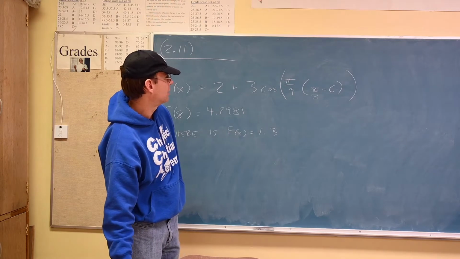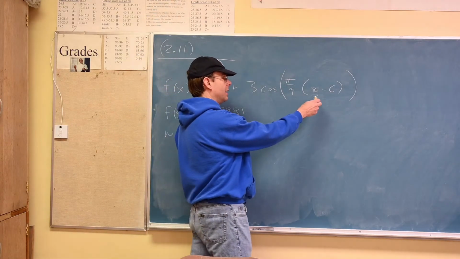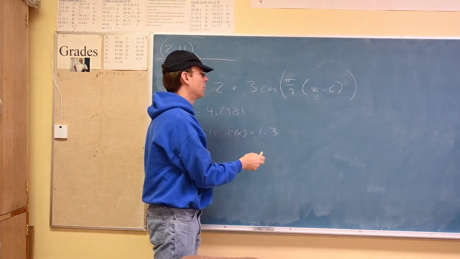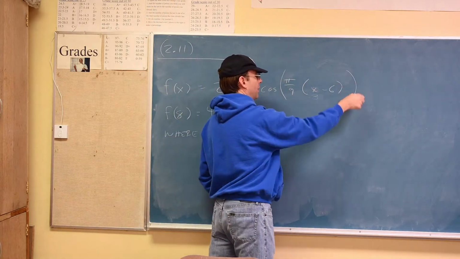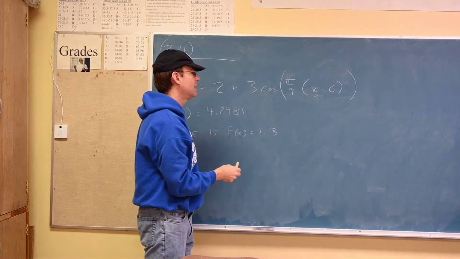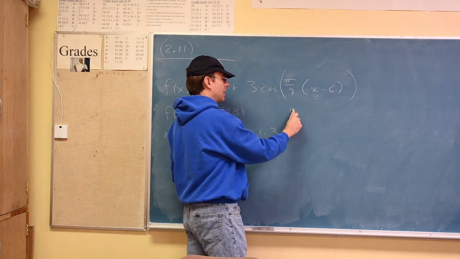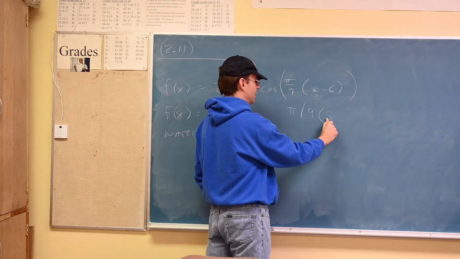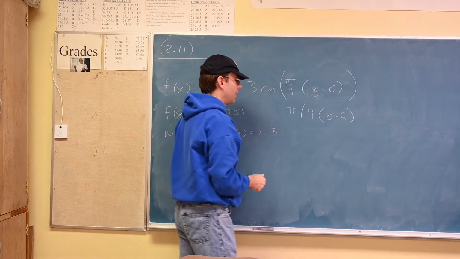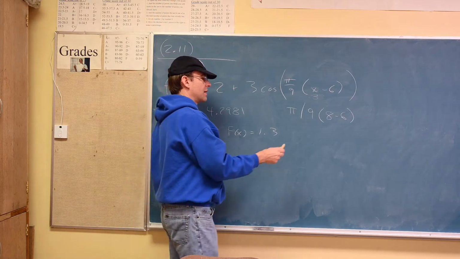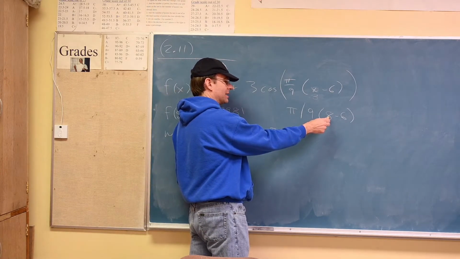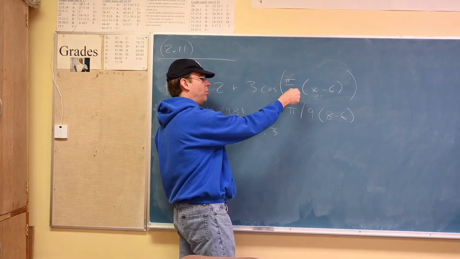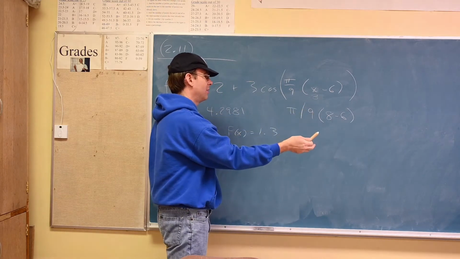One thing I'll generally discourage people from doing, I don't think you should need your calculator to go 8 minus 6. If you punch this in with a bunch of nested parentheses, when your screen looks like pi over 9 parentheses 8 minus 6, I'm not positive if your calculator is going to interpret this as the 8 minus 6 might be with the 9 on the bottom, and that's not what you intend it to be.